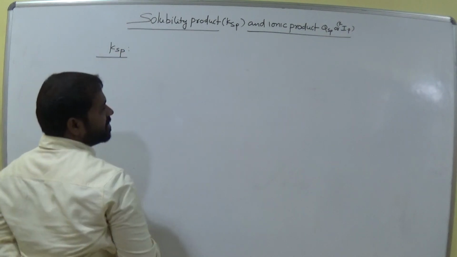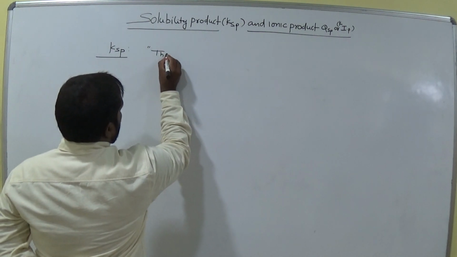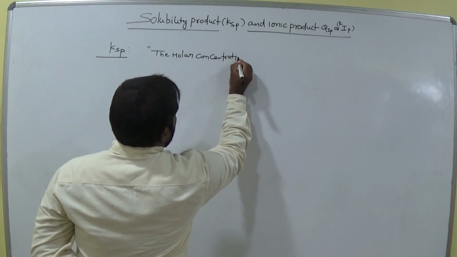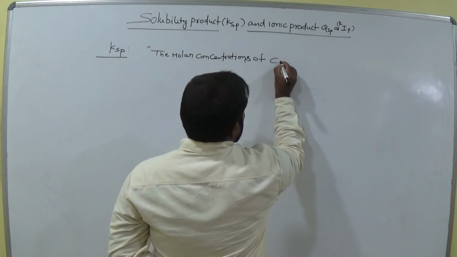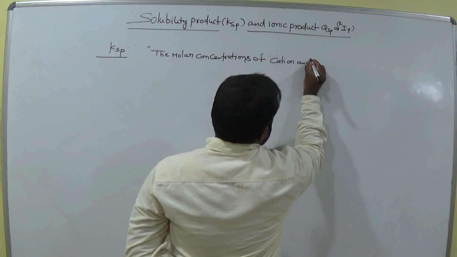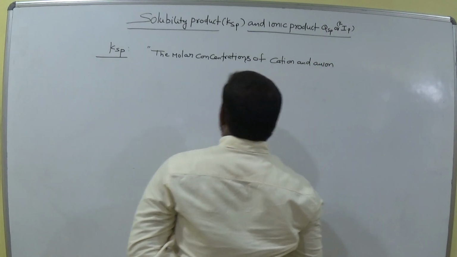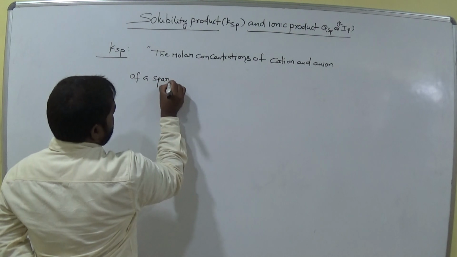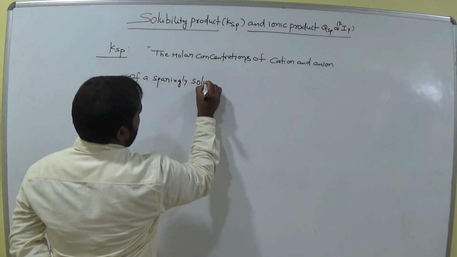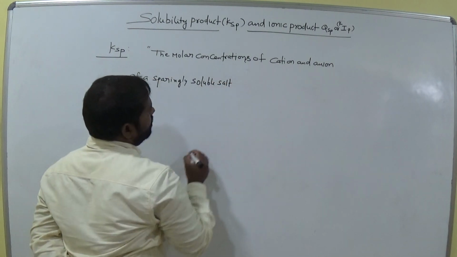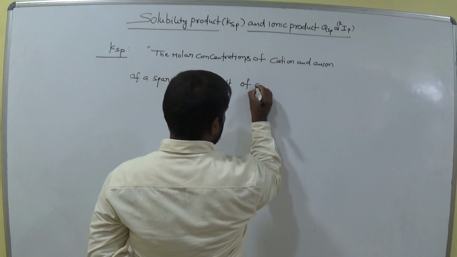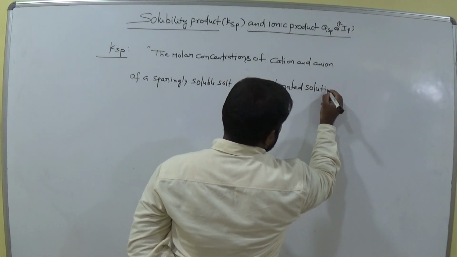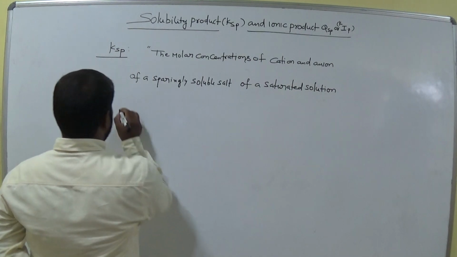The molar concentrations of cation and anion of a sparingly soluble salt in a saturated solution at room temperature.